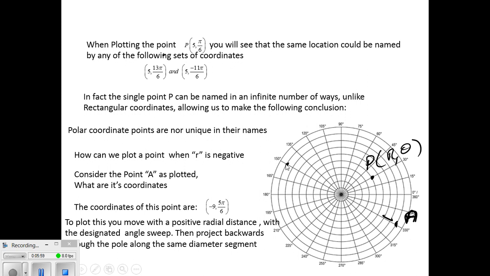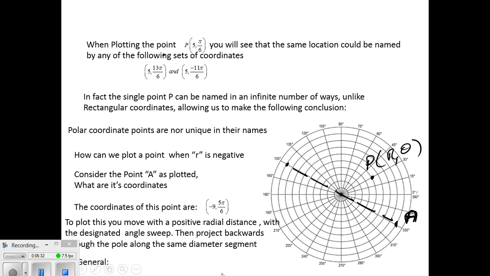The negative r value projects it backwards, so that we plot here 9, 5 pi over 6, then we project it backwards, which means we add another 180 degrees to it, so that it ends up at this location. So this point A is actually the location of -9, 5 pi over 6, but that point could have infinitely many names as well.